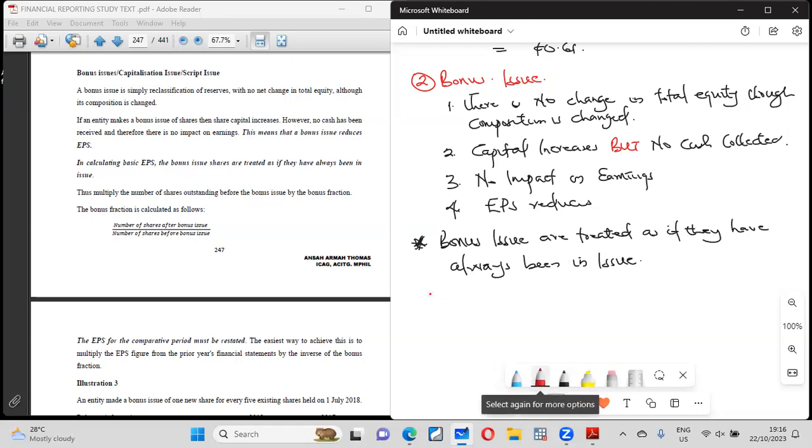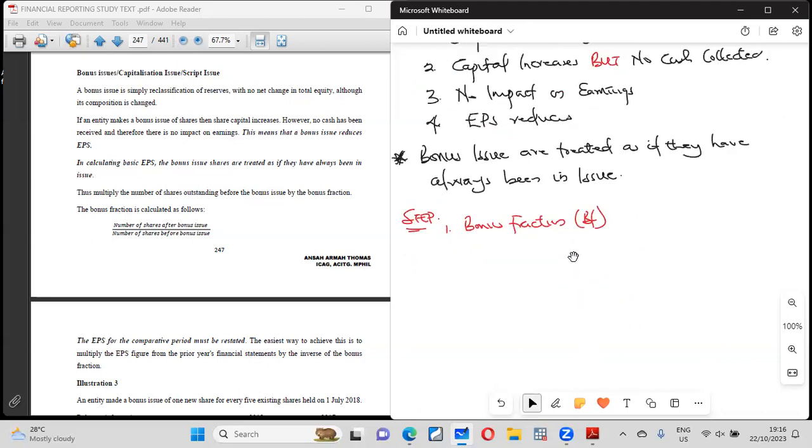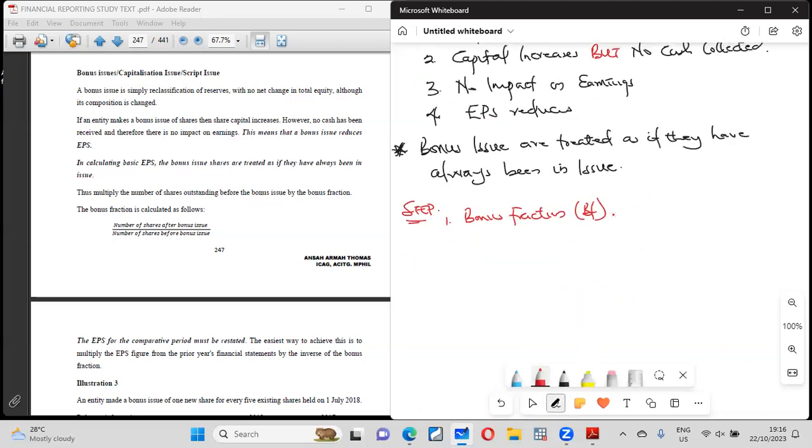Step 1 is to calculate what we call bonus fraction. So you calculate bonus fraction, what I call the BF. Now, what is the bonus fraction? The bonus fraction is given by the number of shares that existed after the bonus issue divided by the number of shares before the bonus issue.